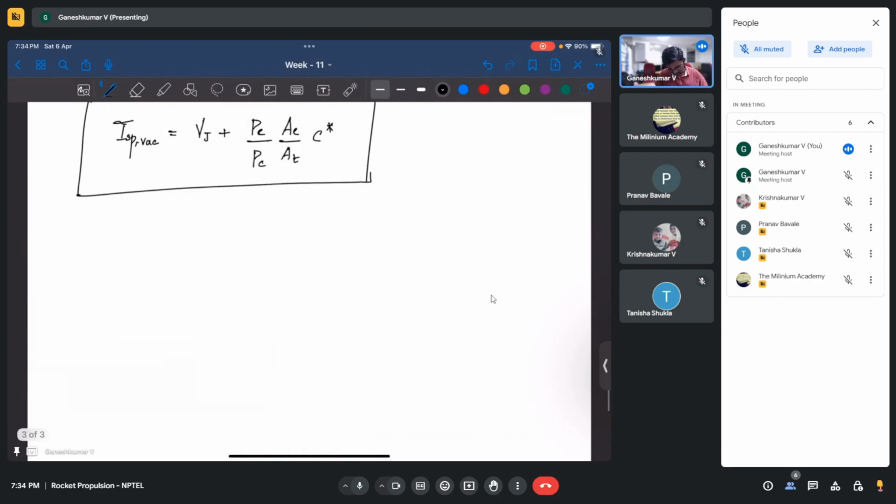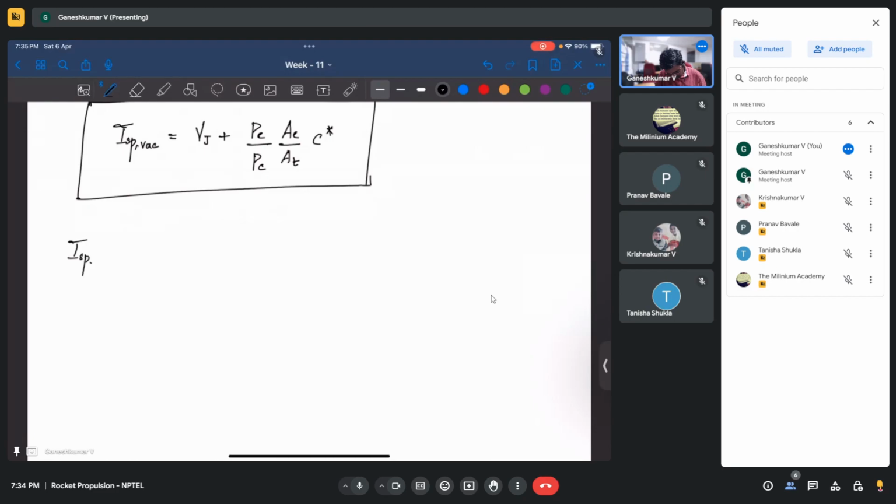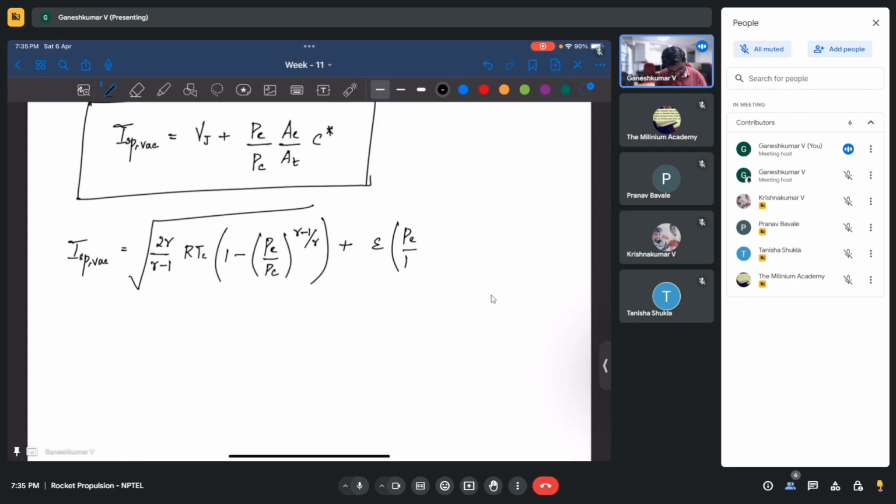Let's substitute everything together so that it will be clear for everyone. ISP at vacuum conditions is equal to Vj, which is the square root of 2 gamma by gamma minus 1 RTC times 1 minus PE by PC power gamma minus 1 by gamma, plus AE by AT, which is epsilon, and PE by PC we already know.